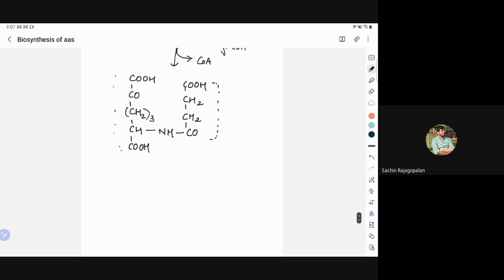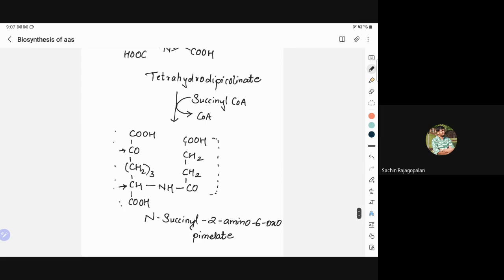Now this structure will be called N-succinyl-2-amino-6-oxopimelate, because the succinyl group is as it is, and the amino group is on the second carbon. There is a ketonic group over here, so 6-oxopimelate. Now, because you added succinyl CoA to break the ring-shaped structure, the enzyme has a slightly different name over here.